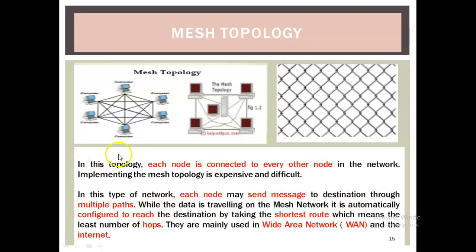For example, what we have here, we have six computer systems, and from each system you have five pathways to enable distribution of data from one system to another. So in this case, the shortest route is taken for data transfer. There are many used in wide area networks and in the internet.